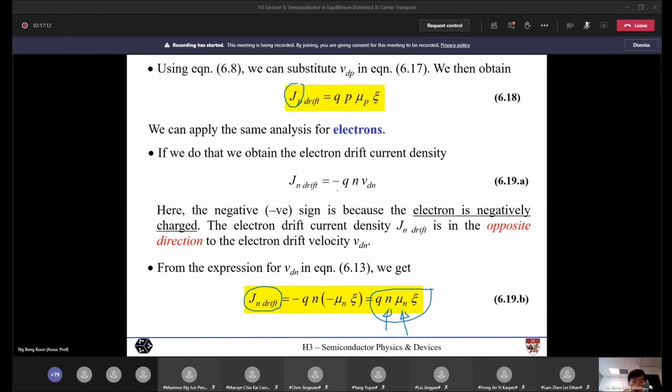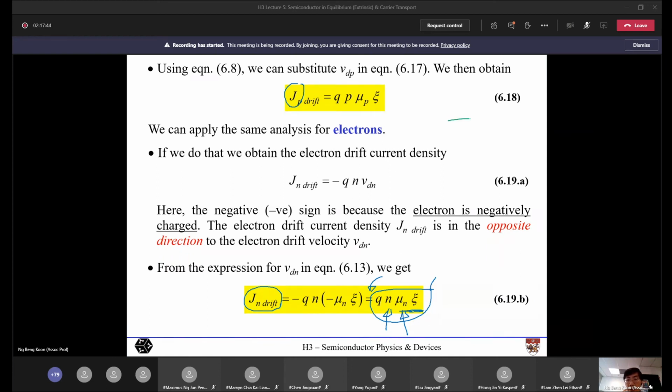Now, the other thing to notice is that in the case of drift current density, the sign is positive. It's basically because the electric field will result in the same conventional current flow. The drift currents are essentially determined by the electric field, so your conventional current must be the same.